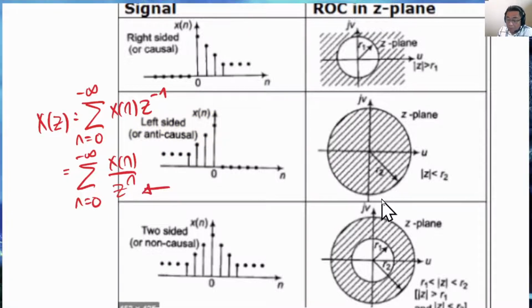Now, for the term to tend to infinity, z to the power of negative n is here.